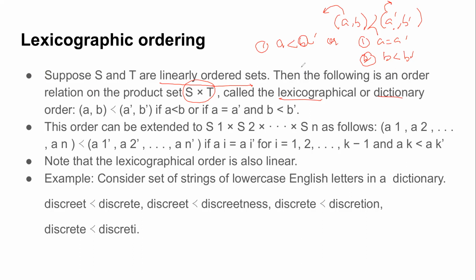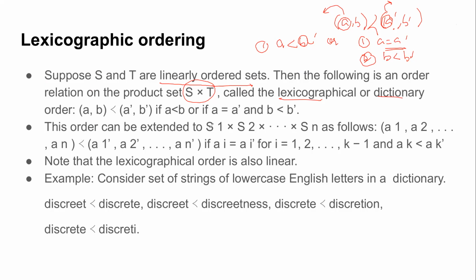So there are two conditions: either the first element of one ordered pair is dominated by the other, and if that is true, you don't need to check the remaining ones. But if the first element is the same, then there should be some coordinate wherein it dominates.